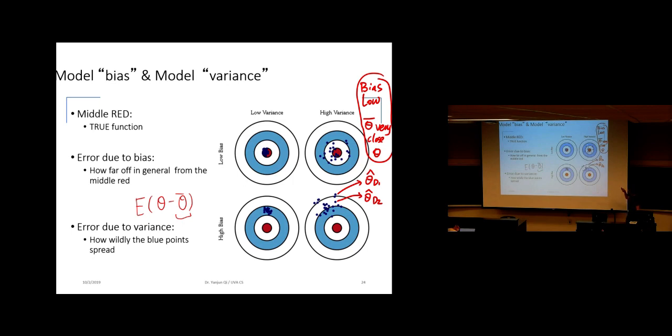It's all because of the randomness of the training data that we got theta D1, theta D2, all the different theta D. However, their mean is almost in the center, which means theta bar is very close to theta truth.